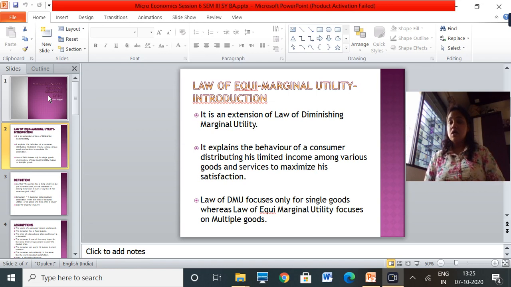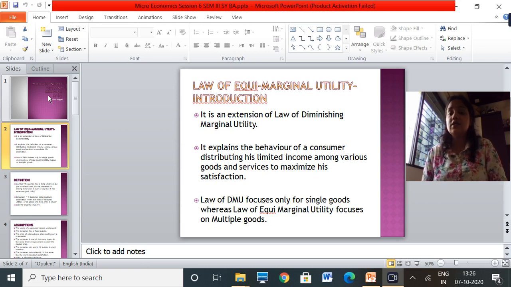However, in this case, we are going to check with multiple goods. If there are multiple goods given to a consumer at different prices and he has X amount of income, how is he going to spend this X amount of income on good A, good B, good C, good D, which are priced at different prices, and achieve the maximum level of satisfaction?